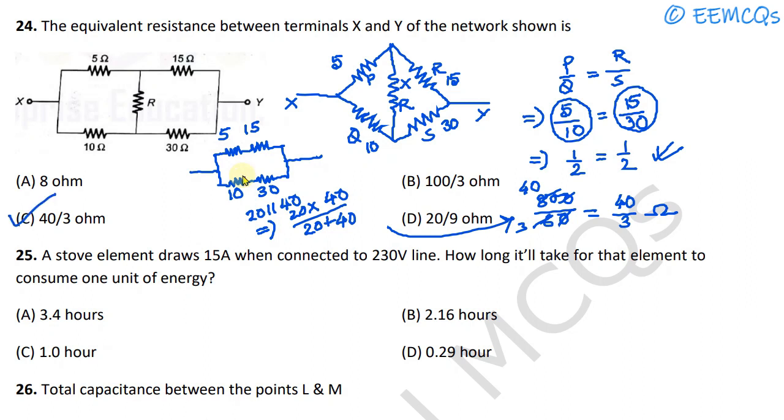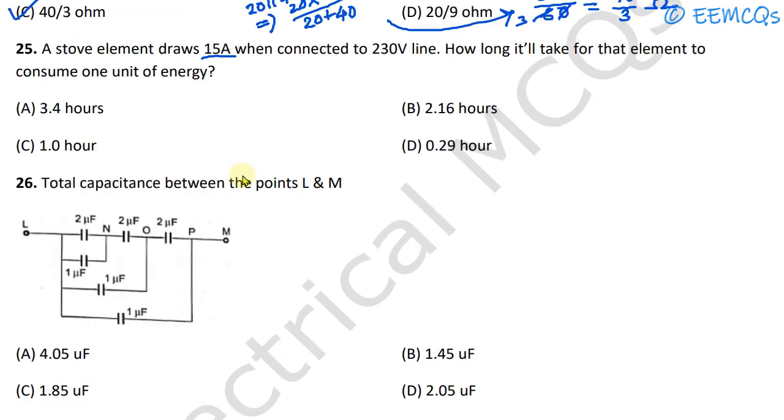In question 25, it has been asked that a stove element draws 15 ampere when connected to 230 volt line. How long it will take for that element to consume 1 unit of energy? Okay, 1 unit of energy means 1 kilowatt hour. Okay, now the current is 15 ampere and the supplied voltage is 230 volts.